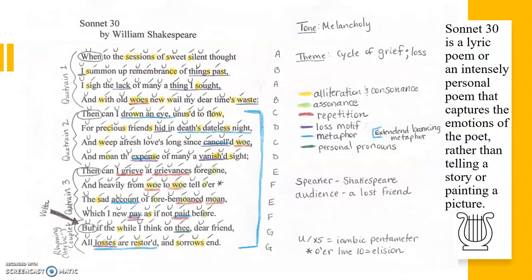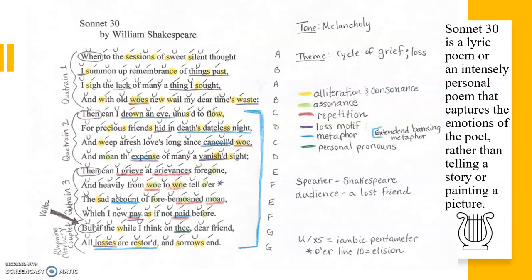It's a lyric poem, an intensely personal poem that captures the emotions of the poet rather than telling a particular story or painting a picture. And I can tell that, well, first of all, because it's one of the sonnets in the cycle that follow this same idea, which if we look at them all together is highly biographical.